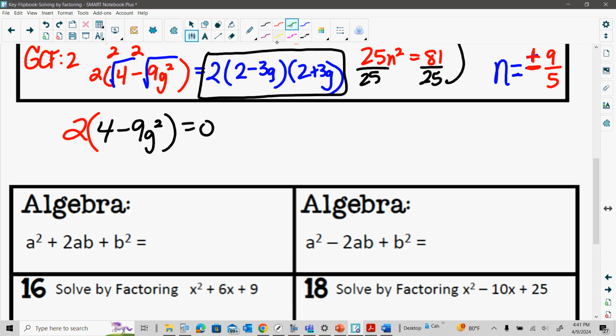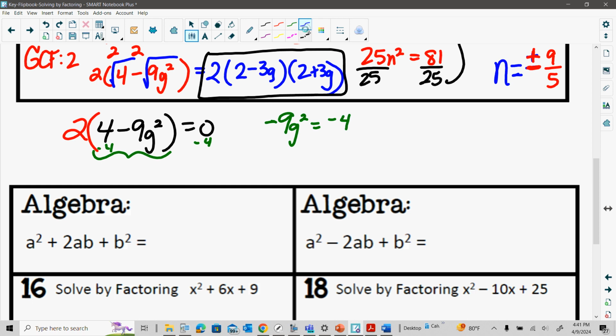I'm going to take this factor, make it equal to 0, and solve for g. By doing that, I'm trying to get this 9g squared by itself. So I have to subtract 4. Subtract 4. This would give me negative 9g squared equals negative 4.